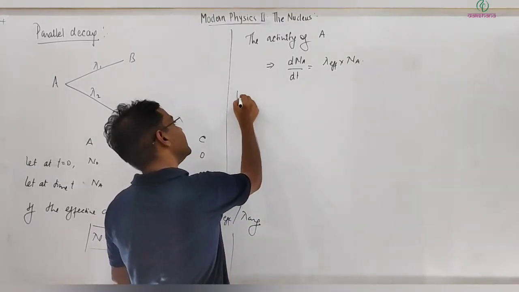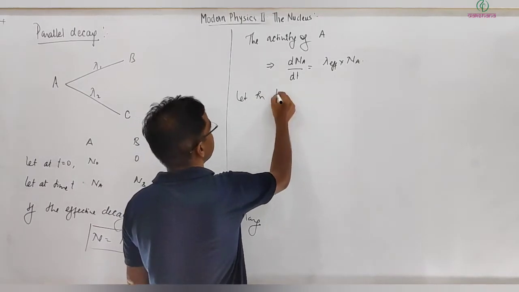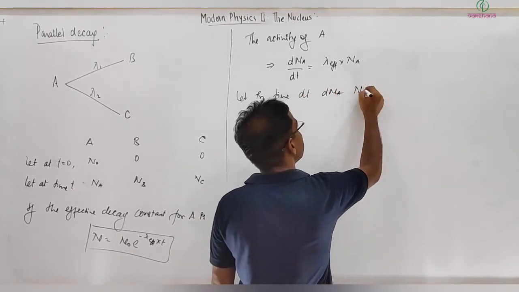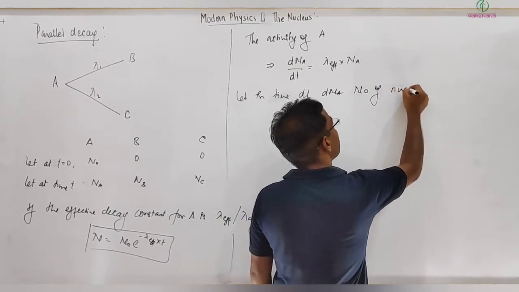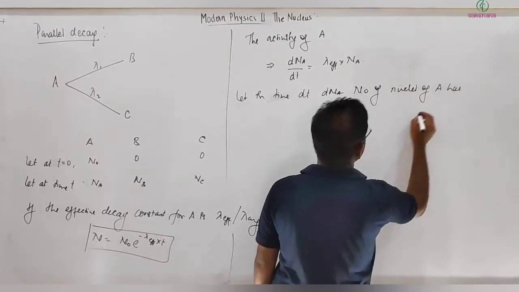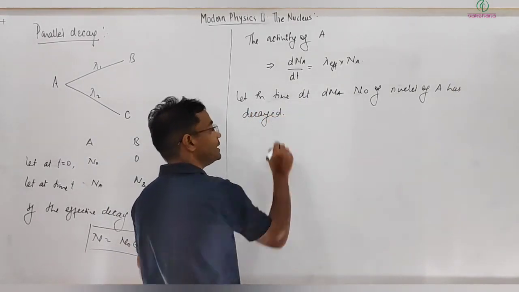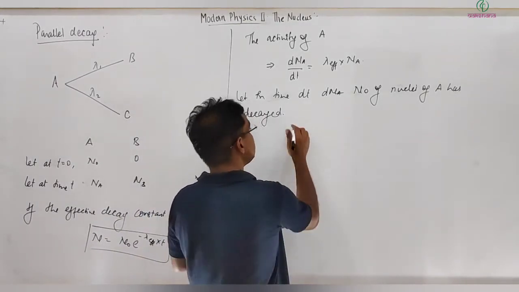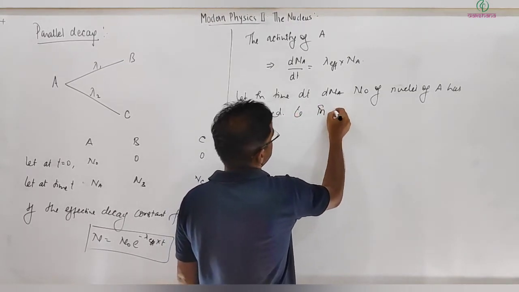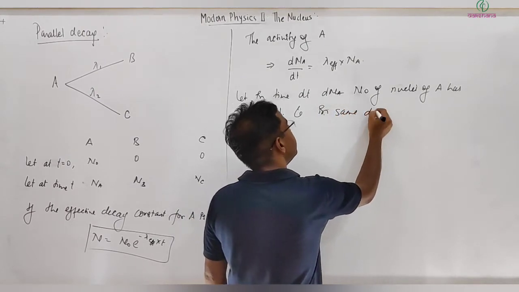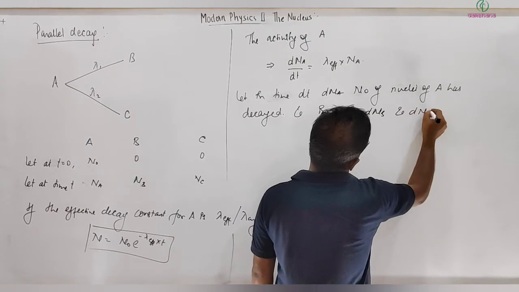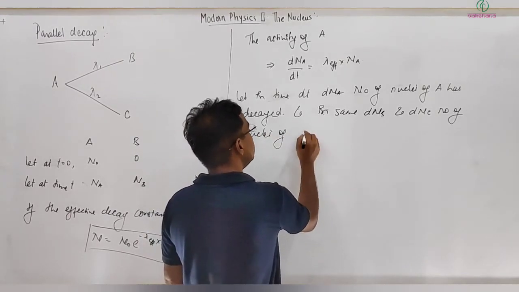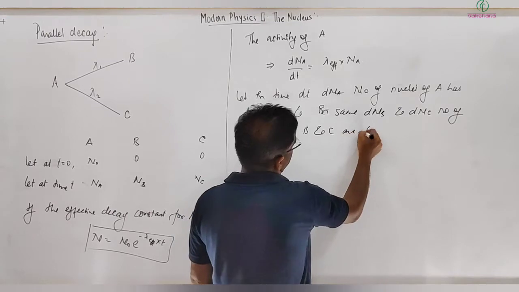Let in time dt, dNA number of nuclei of A has decayed, and it has decayed into B and C. So let in the same time, dNB and dNC number of nuclei of B and C be formed.